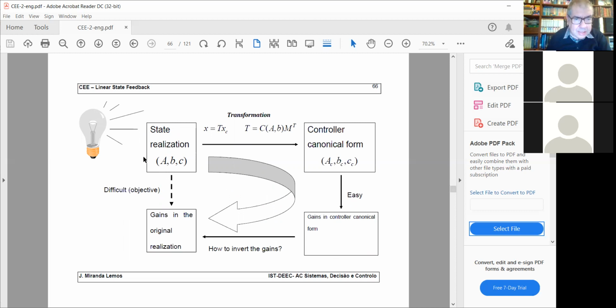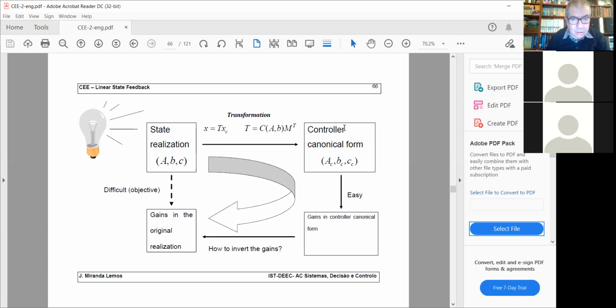You start with a state realization which is generic, some A, B, and C. Let's forget about the C. You want to compute the gains for the state that correspond to this state realization, but this is difficult in general. So what you do is a change of coordinates, x equal to T x_c, that leads you to the controller canonical form.